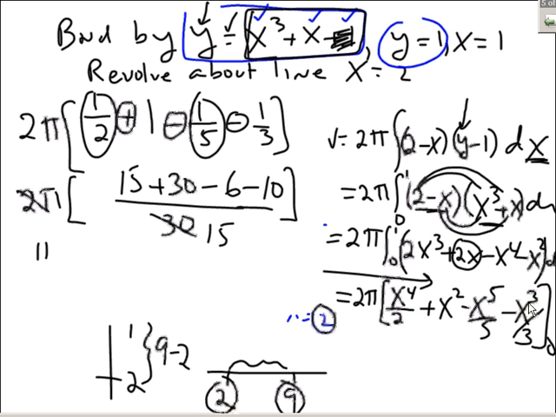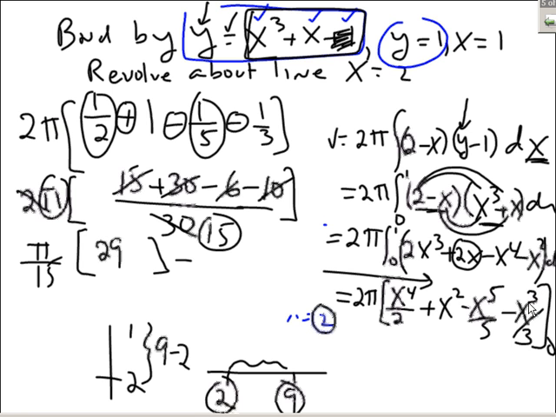So now I have pi over 15, and I figure out what's in the brackets. 15 plus 30 is 45, minus 10 is 35, minus 6 is 29. So the final answer is 29 pi over 15.